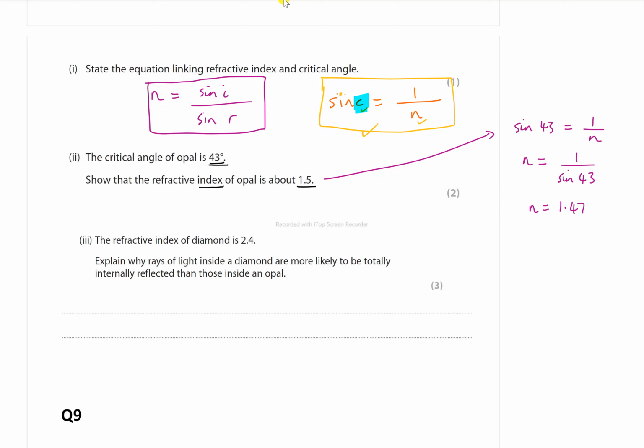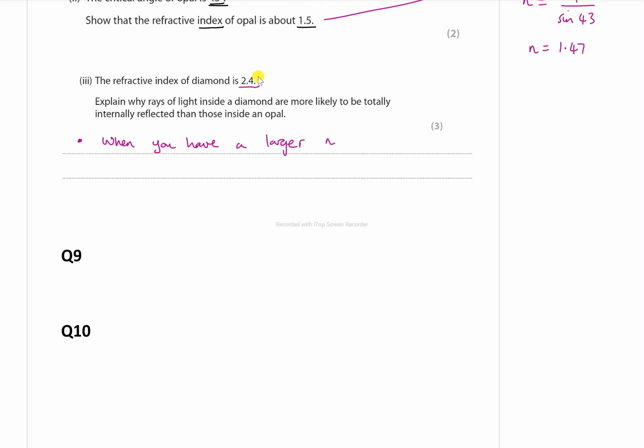When you have a larger refractive index, larger n, this means the critical angle is smaller, because it's the equation: sine C equals 1 over n.